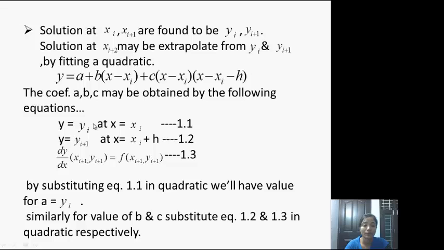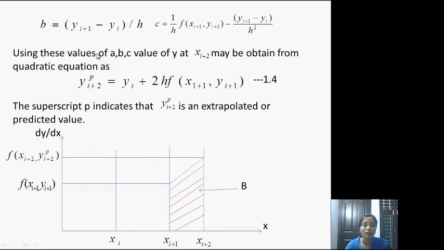First of all, when we substitute y equals y1 and x equals x1 in this equation, we'll have a equals yi, because this term is going to be 0 and this also is going to be 0. So our value of a is yi. We'll do the same for the values of b and c, and we will have the value of b as this and the value of c as this.